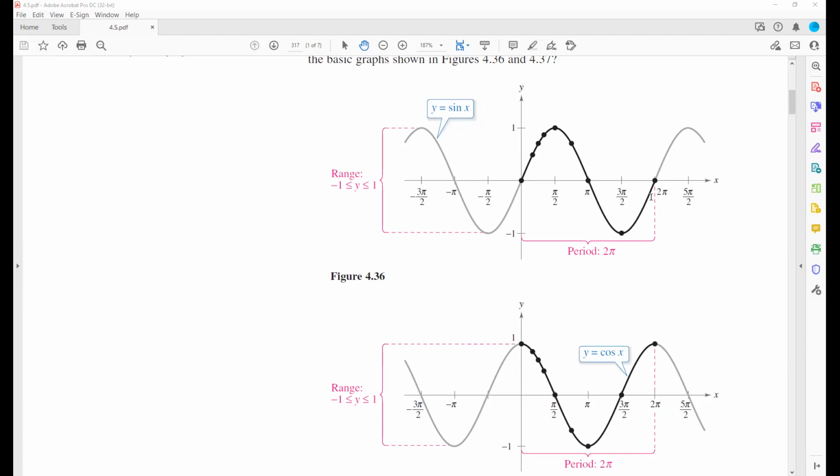As you can see, the range of the function is sandwiched between -1 and 1. The domain is between negative infinity to positive infinity, and the range is -1 to 1.